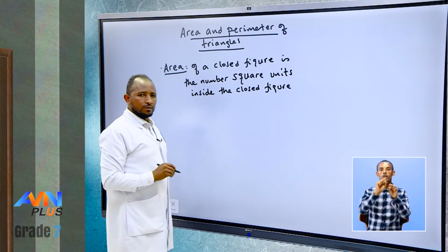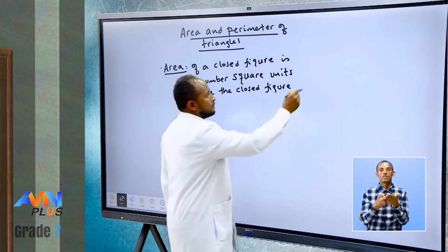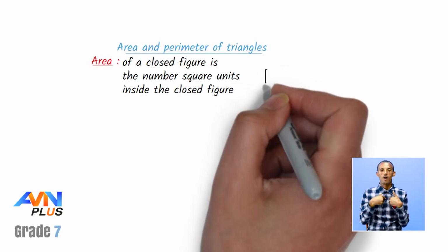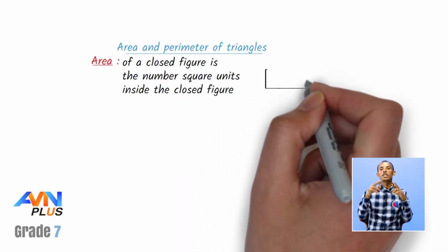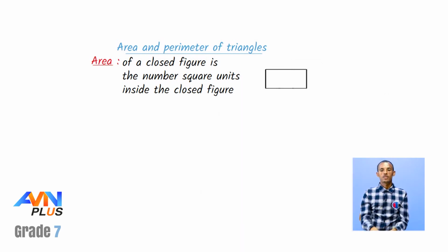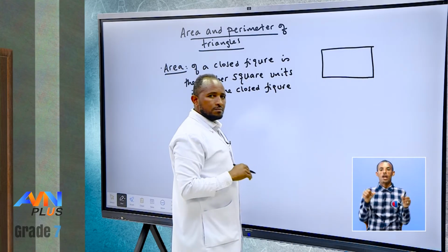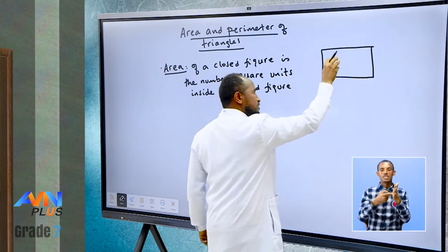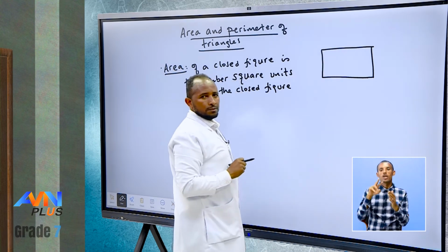So look at this one. If you have this region, the area of this region means the number of square units found in this region.